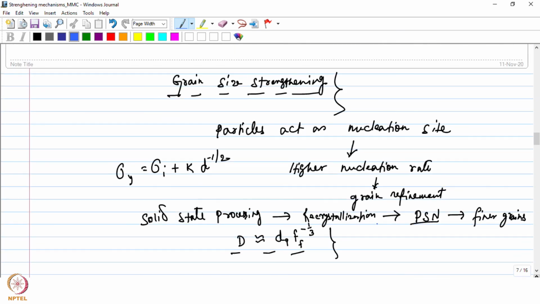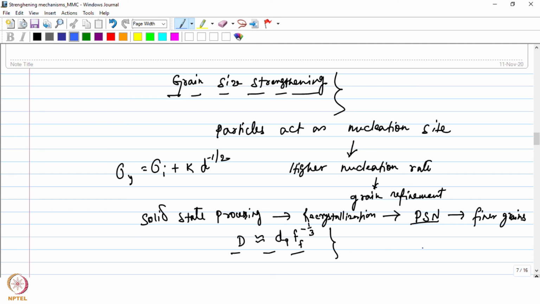Then we talked about the grain size strengthening, which comes into play in metal matrix composites also. This is due to the fact that the particles act as nucleation sites, and that will increase the nucleation rate and give rise to grain refinement. And this can even happen in solid state processing when recrystallization occurs.